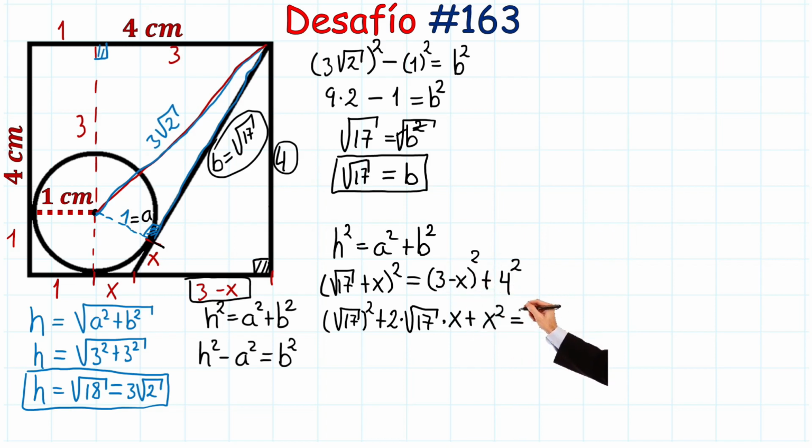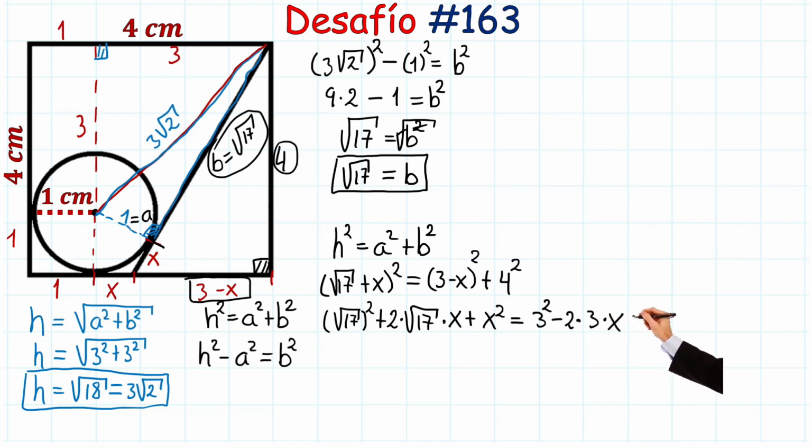The first term squared would be 9, but we'll write it as it is: 3 squared minus twice the product of the first term, 3, by the second term, x, plus the second term squared, that is x squared. Very good. And here we have 4 squared, which is 16.